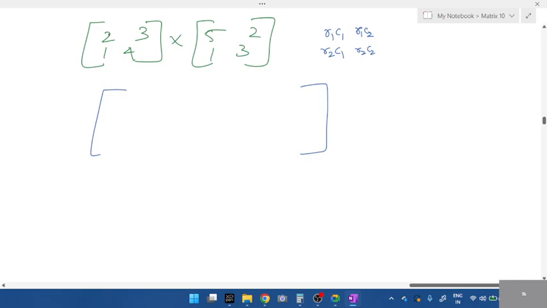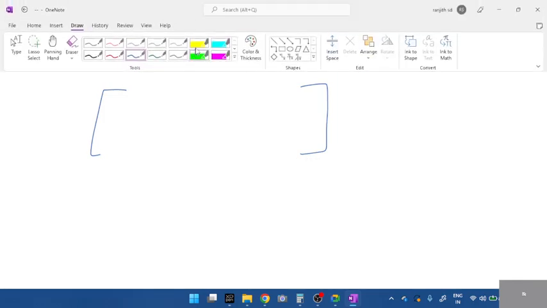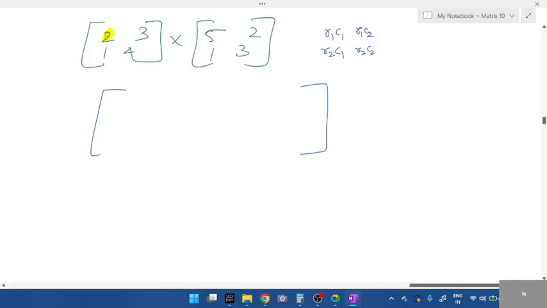What is R1 C1? Take R1 C1. This is row 1, right? Tell me, multiply, plus. Next. R1 is done, right? Keep R1 as it is. Go with C2.